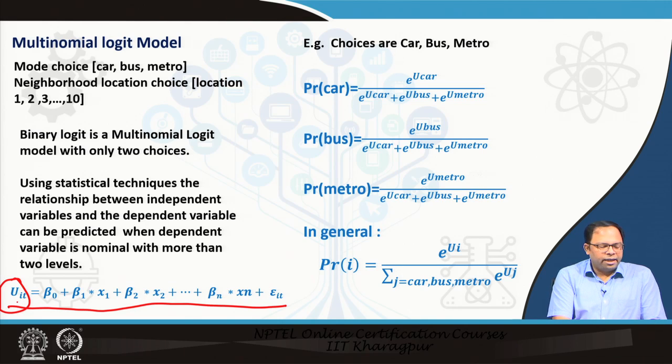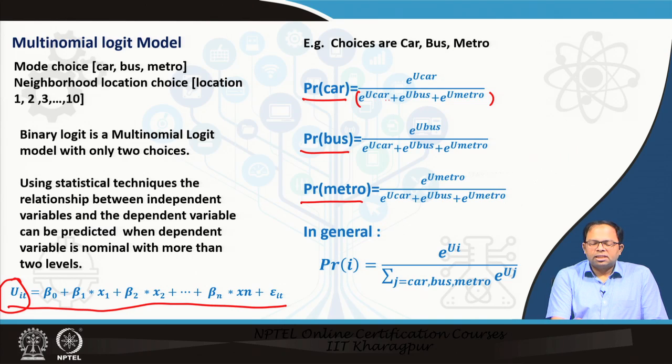To give you an example, in a mode choice model with probability of car, probability of bus, probability of metro, the probability of car is equal to e to the power utility of car divided by e to the power utility of car plus e to the power utility of bus plus e to the power utility of metro. This lower part is called the log sum part.